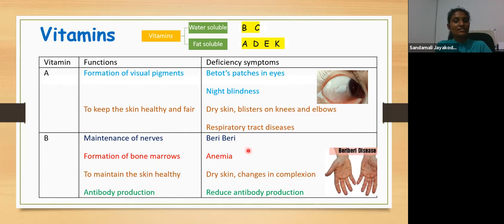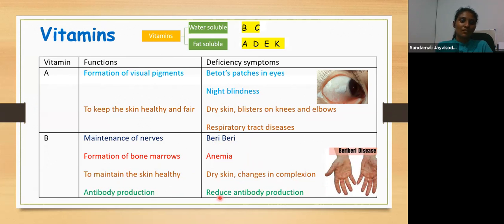So if there's a deficiency, it gives symptoms like beriberi disease. This is named beriberi disease, with anemia, dry skin, changes in complexion. Changes in complexion means there are spots on our body. It is a feature of beriberi disease too. You can see here there are spots on this person's hand.